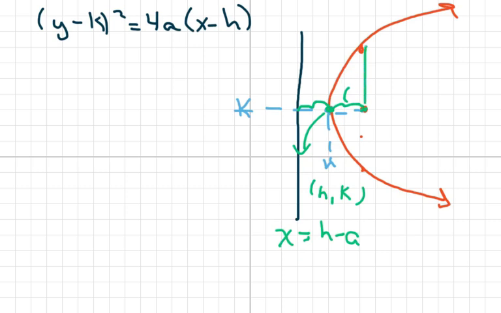Your latus rectum is the same thing. This is 2A, 2A. So when you add that together, you get 4A.